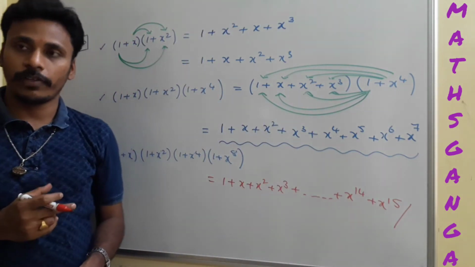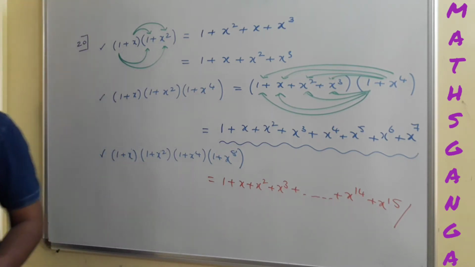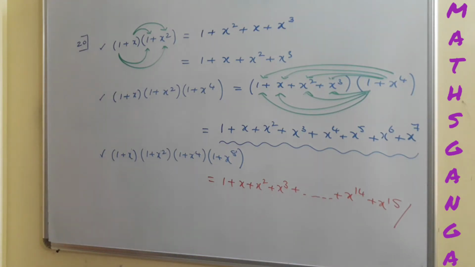You need to observe it first, okay, and then I need to generalize it again. Okay, just have a look and I will erase it and I will generalize the situation. Is it clear? Just have a look.